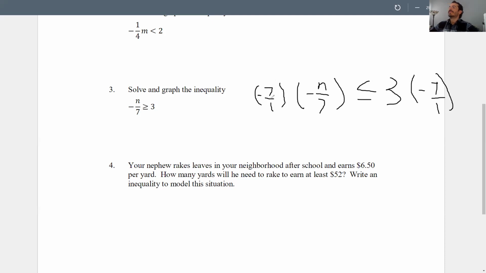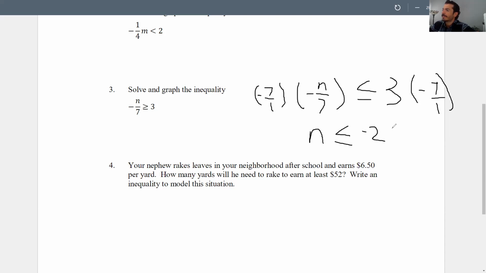Okay, -7/1 times -n/7. This becomes a 1n. That's by design. I'm not going to write the 1n because we always assume it's there. This is just the number -7. This over 1 I just put in to emphasize that I'm multiplying by fractions here. So -7 times 3 is -21.